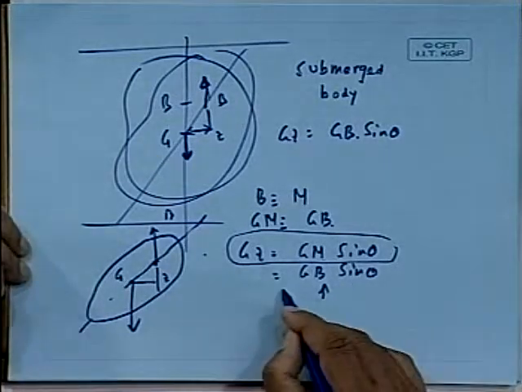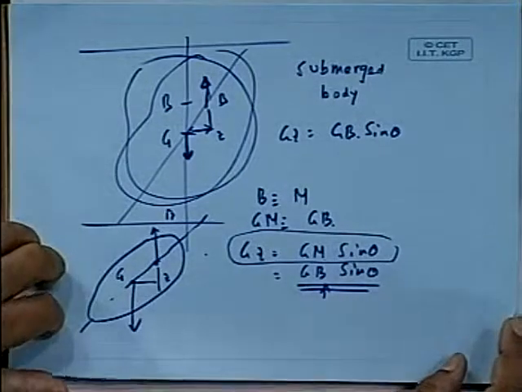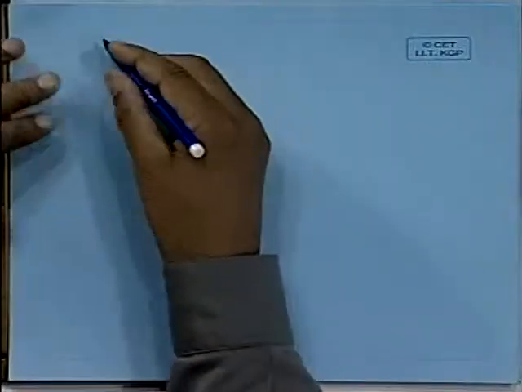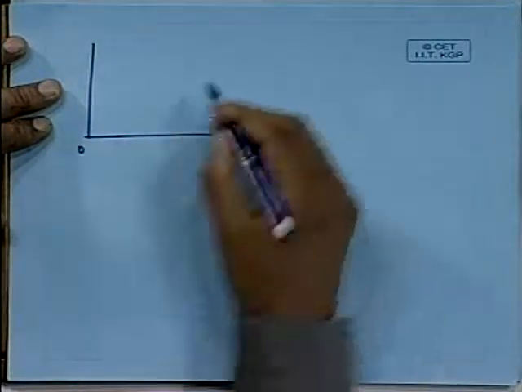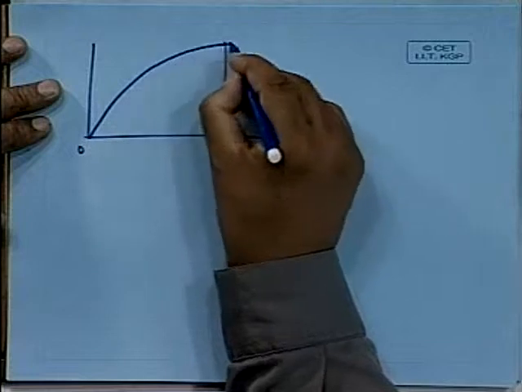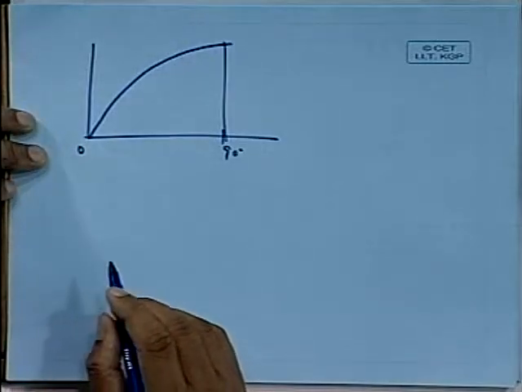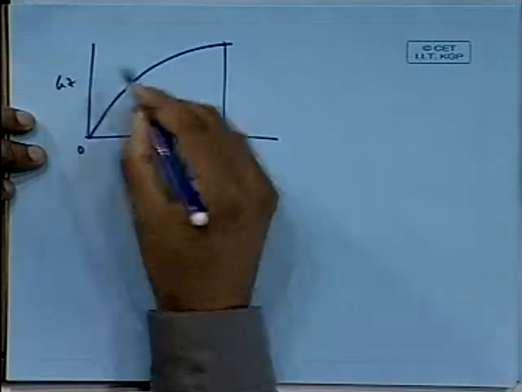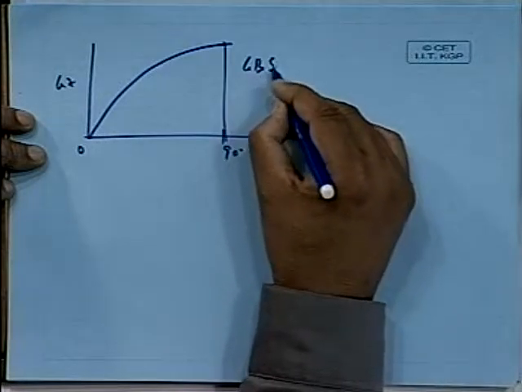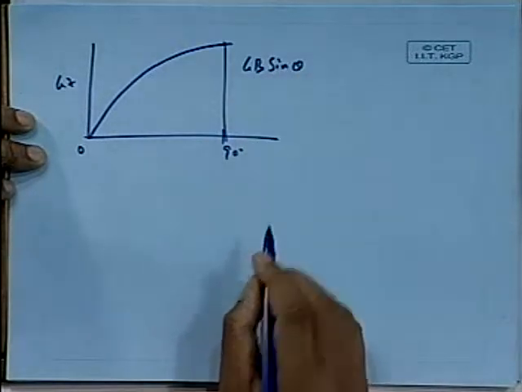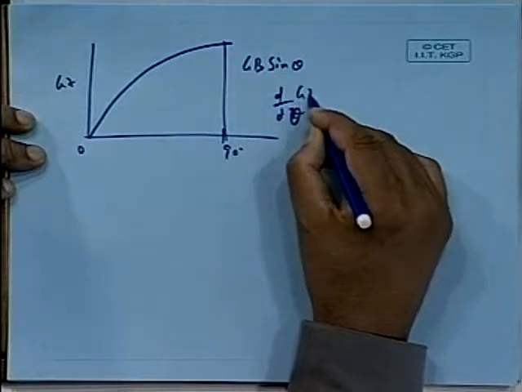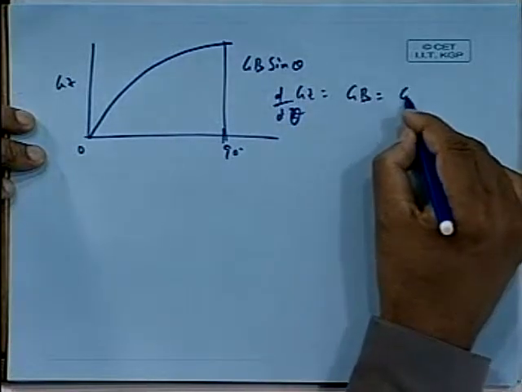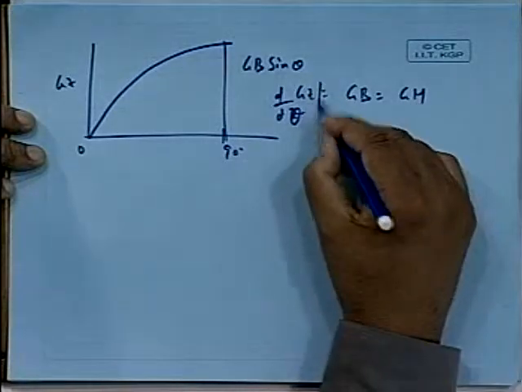So now if you see this expression, GZ equals GB sin theta, how does the curve look? It will be a sin theta curve. That means it is 0 at 0 degrees and at 90 degrees it is maximum, so the GZ curve is simply like this. So d by d theta of GZ equals GB, which equals GM at theta equal to 0.